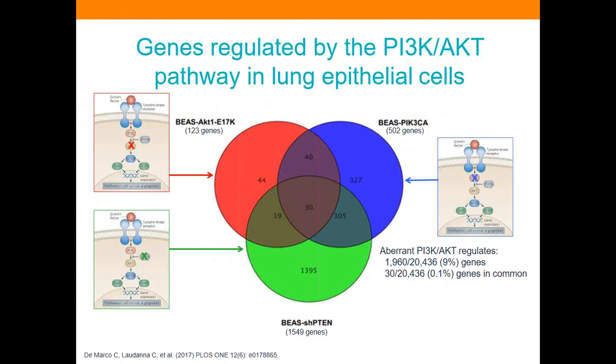Similarly, if you have a mutated AKT, 44 of the 123 genes that are affected are only affected by the AKT mutation. They're not affected by a mutation in PI3 kinase or in the loss of PTEN. And in the cells in which PTEN is lost, over 1,300 genes are affected that aren't touched when you have a mutated PI3 kinase or an AKT.